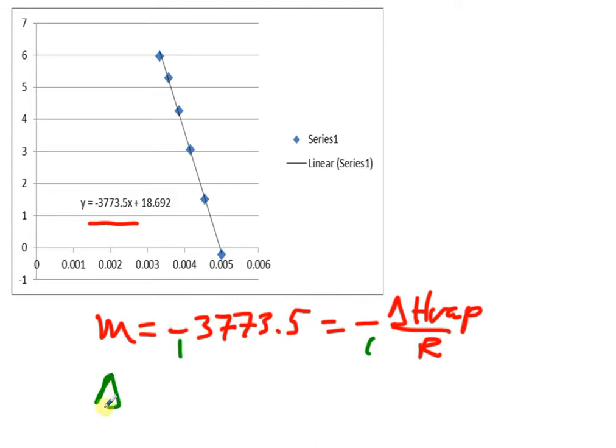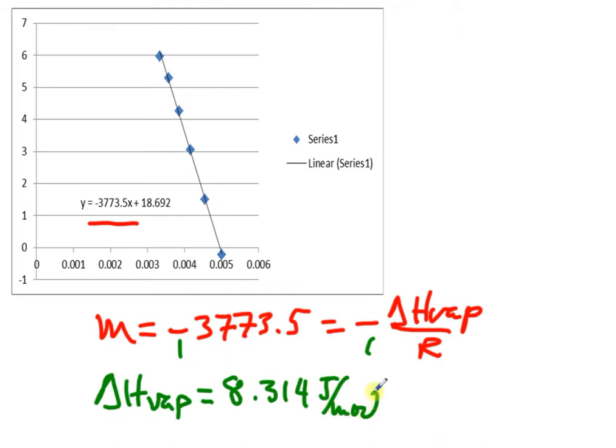So what you finally get is that the delta H of vaporization is equal to 8.314 joules per mole Kelvin times 3733.5 Kelvin, so the Kelvin cancels out.